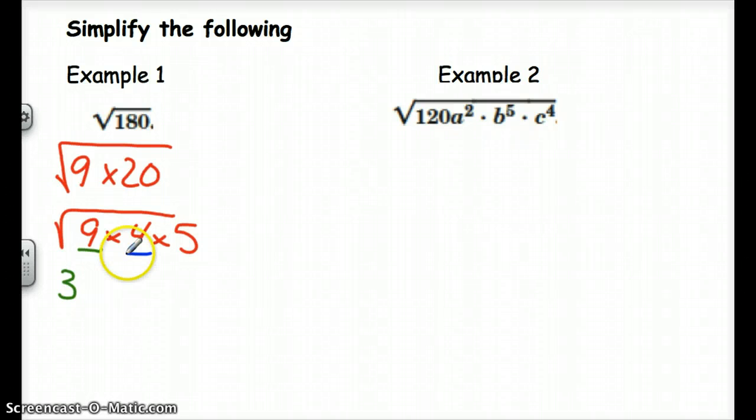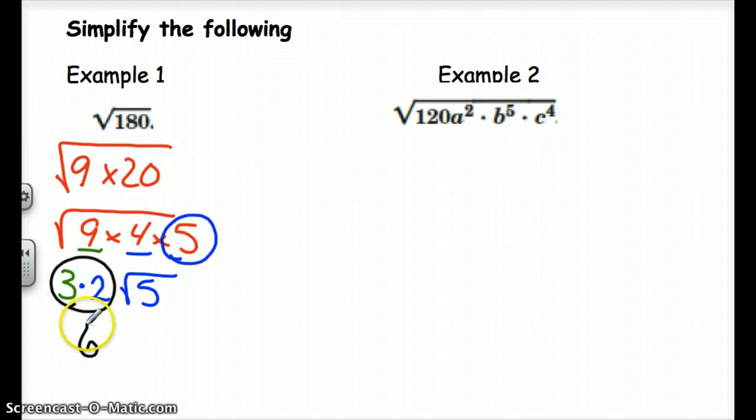The square root of 4 is 2, and I cannot do anything with the root of 5, so I write the square root of 5. So now my final answer is 3 times 2 is 6 root 5. That's one way to solve this problem.